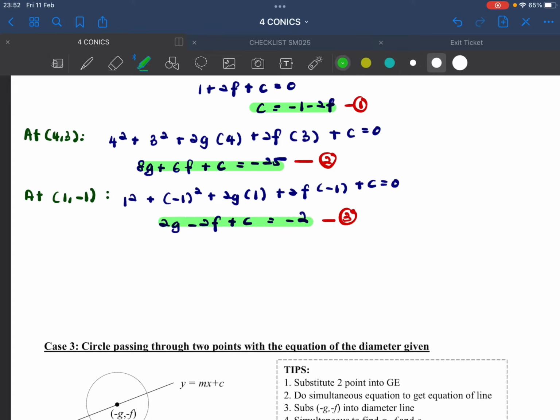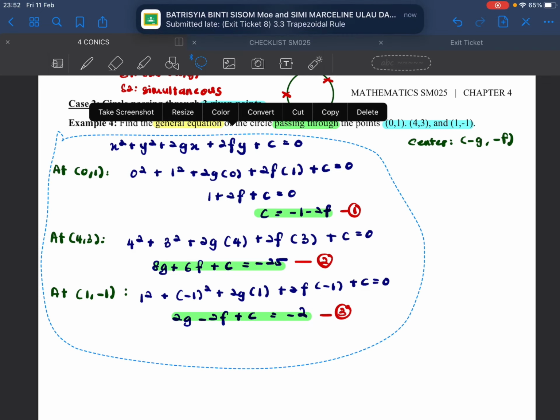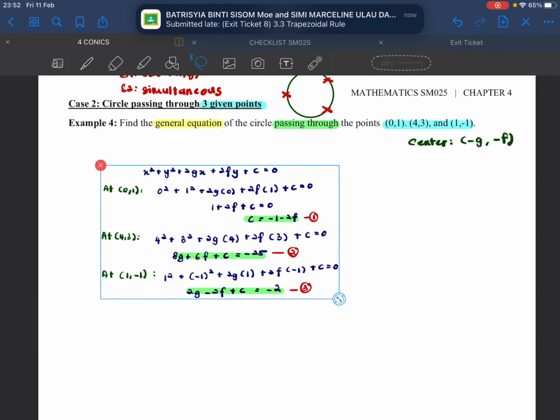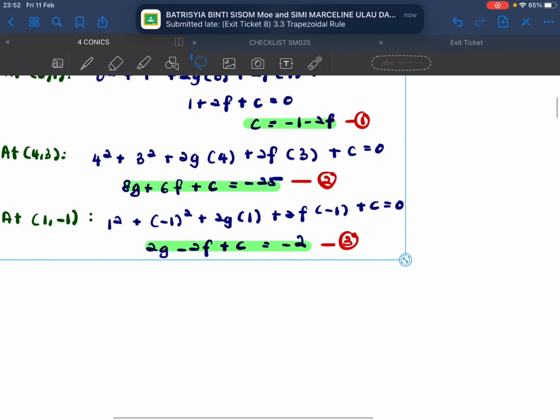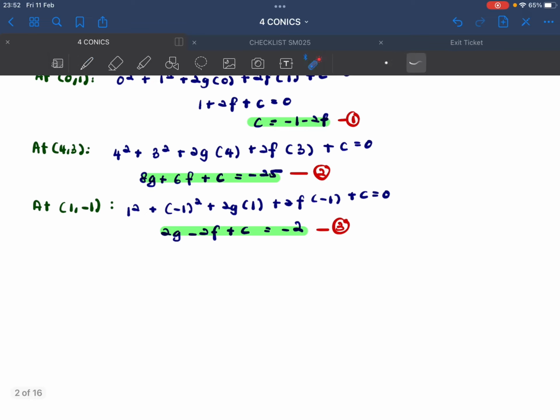What we are going to do next is simultaneous equations. As I said before, it doesn't matter if you use elimination or substitution, both can. Let's try substitution first. I want to do simultaneous between the first and second equation.